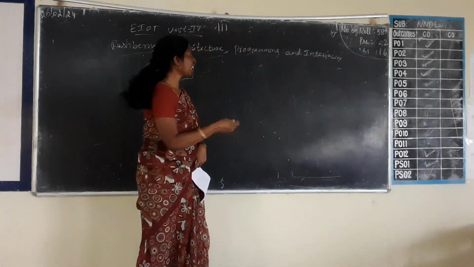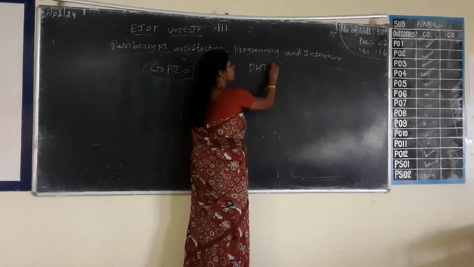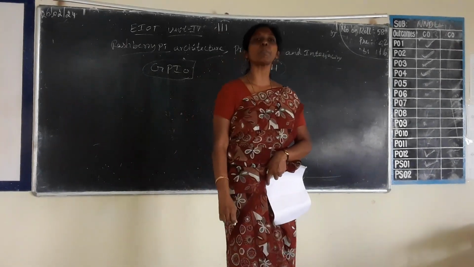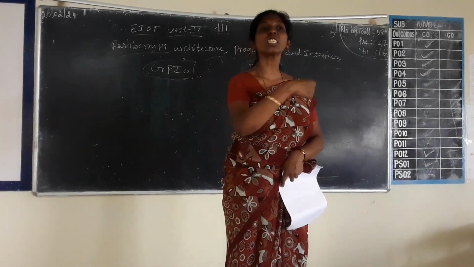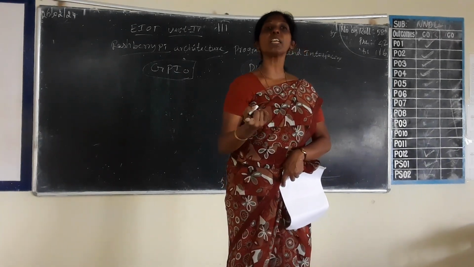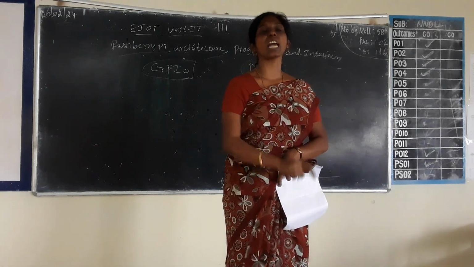See, DHT11. Okay, you have to remember DHT11 is a temperature monitor which we are going to use in experiment number 11, which has to be interfaced with what? We will be doing the experiment with Arduino as well as with Raspberry.